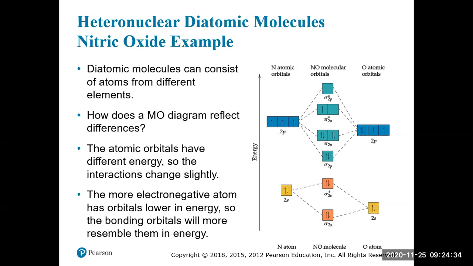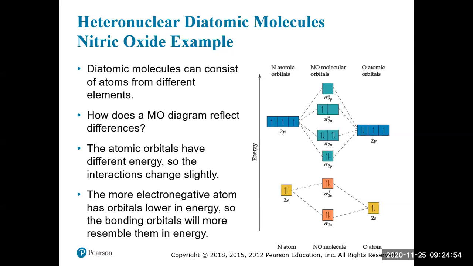So the atom that is more electronegative has orbitals lower in energy. So the bonding orbitals will be more similar to their energy level.